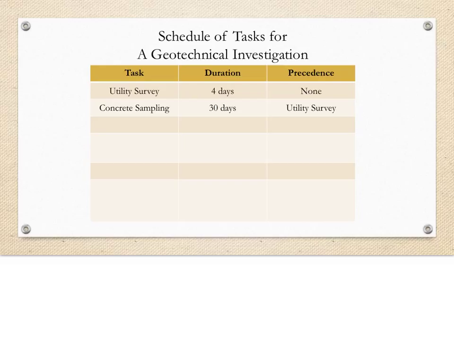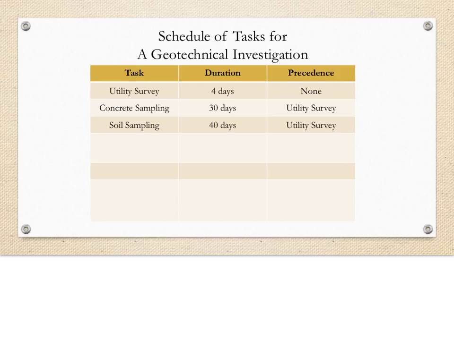The next activity is concrete sampling. This task is projected to take 30 days to complete. However, it cannot be started until the utility survey is completed. That is the task's precedence constraint.